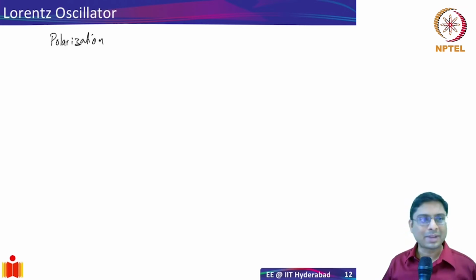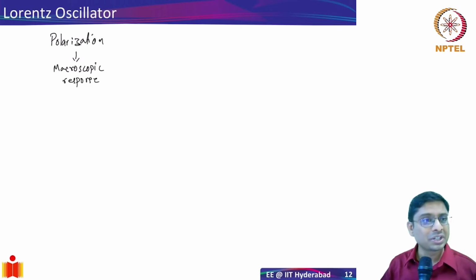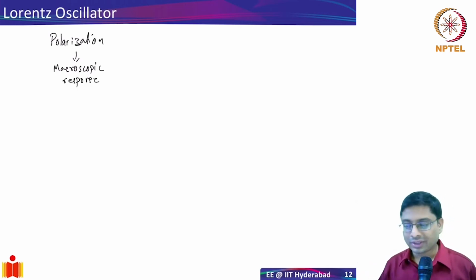which is essentially the macroscopic response. Overall, let's say if you're applying electric field in a medium, what is it doing? It's going to polarize the material, right? We talked about it when we introduced dielectrics. So it's going to introduce this polarization to the dielectric, right? So that is the macroscopic response. We don't really need to consider what happens to each individual electron. The material as a whole, we say it is homogeneous because the distribution of the density of the material is same everywhere.